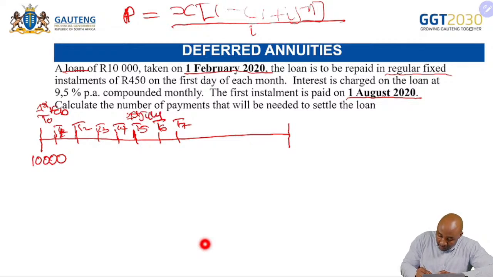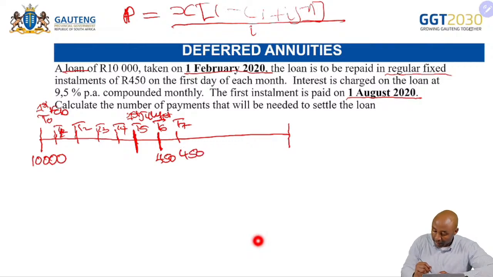No payment is made. And at T6, which is the 1st of August, that is when the first payment is made. So we'll put 450 there. T7, 450 is paid until we get to TN, the 450 as our monthly payment.